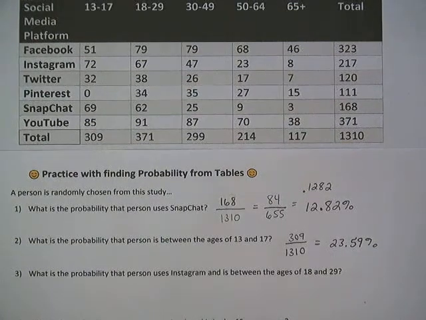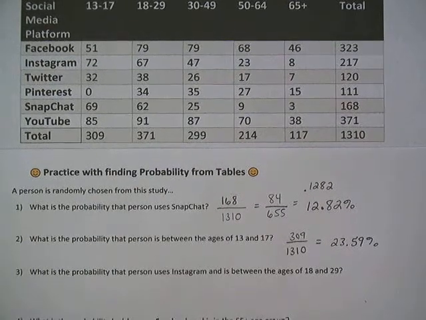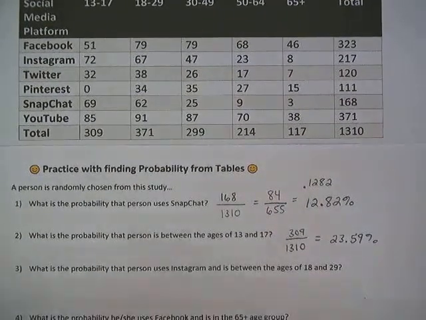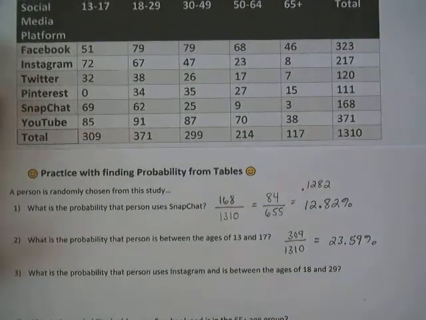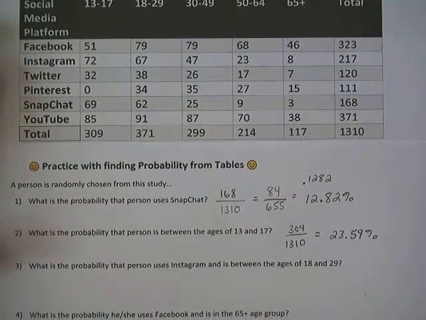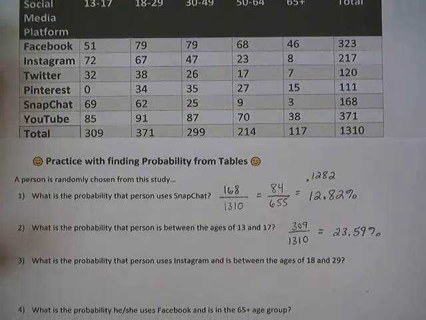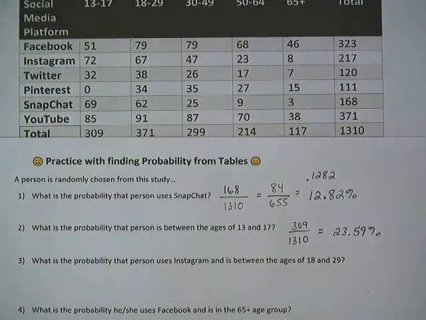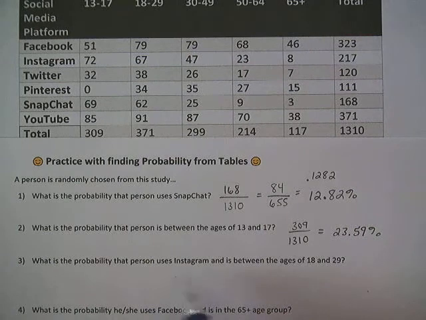There are other types of questions that they could ask, and so now we're going to start looking at those. So number 3, and you're going to stop seeing the table after a minute, but I'll make it so you can see it once we get past this problem. It says, what is the probability that person uses Instagram and is between the ages of 18 and 29? So notice this one's adding a little element to it.